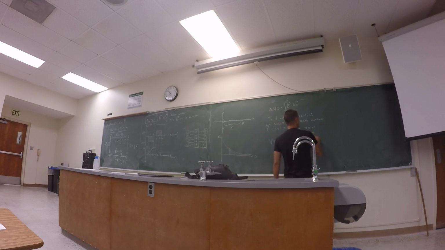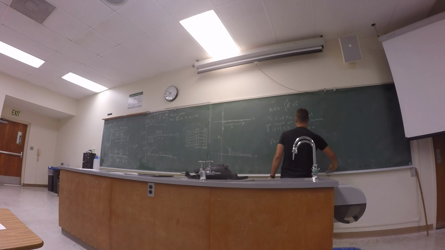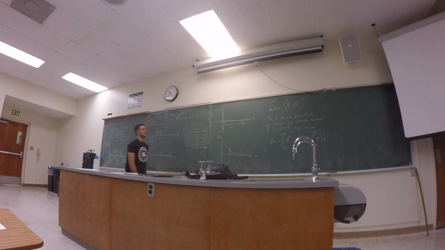So E is parallel to dx. That turns this dot product into, well, it's no longer a dot product. We can get rid of the vector symbols and the dot product, and this becomes minus the integral from infinity to r of E dx. So that dot product goes away because they're always aligned.